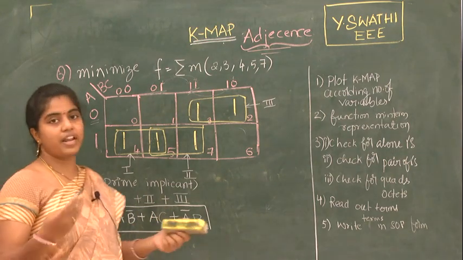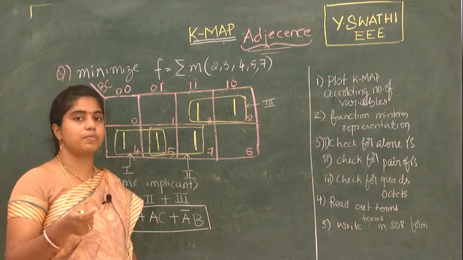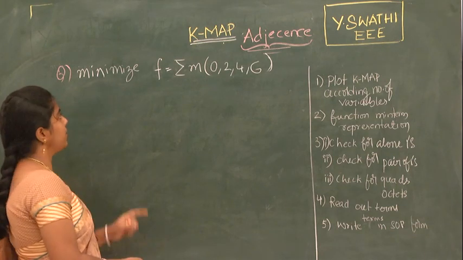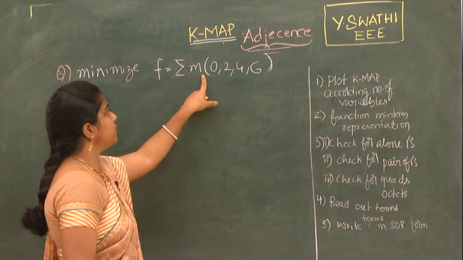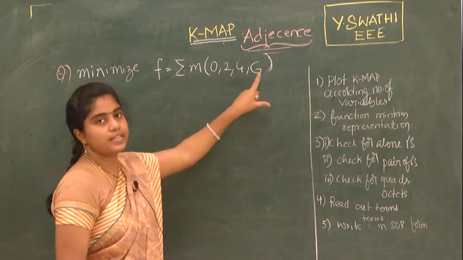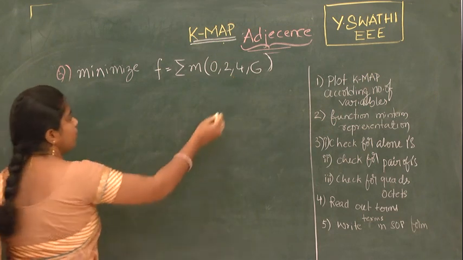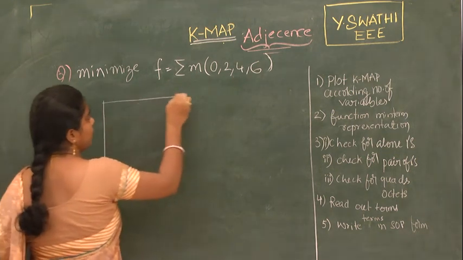Now we will move on to another example. There you will understand the full overall concept of K-map solving. The next example is to minimize the function f, which is a summation of minterms 0, 2, 4, 6. As it is a 3-variable function, we will represent the K-map in 3-variable form.